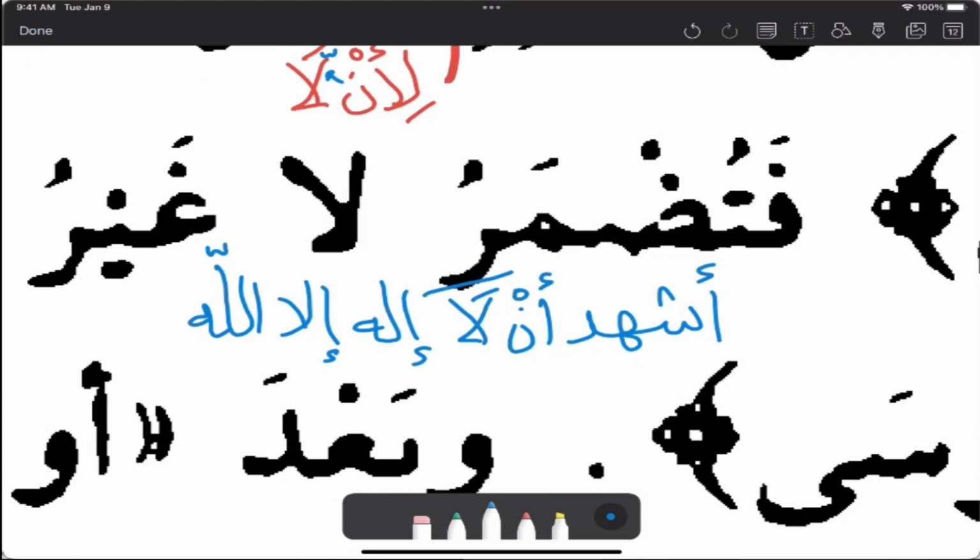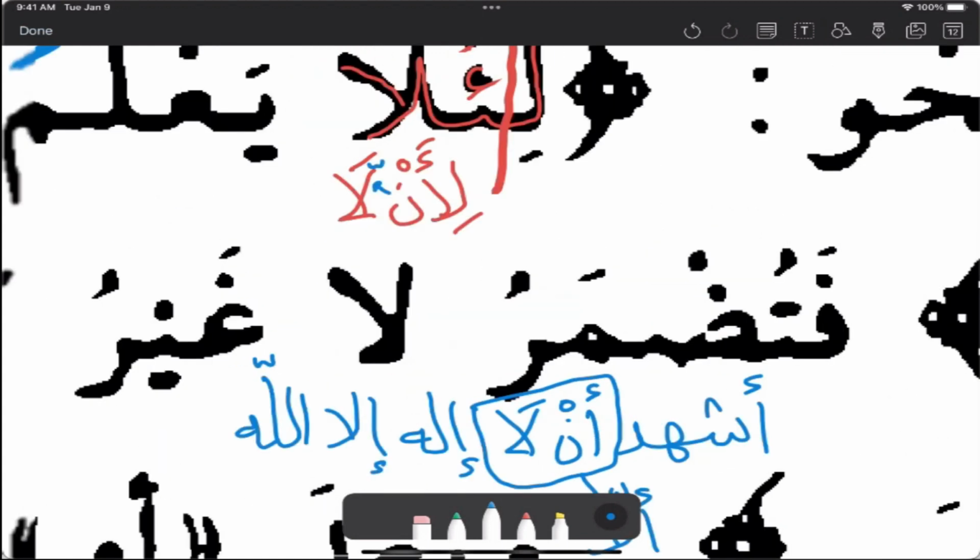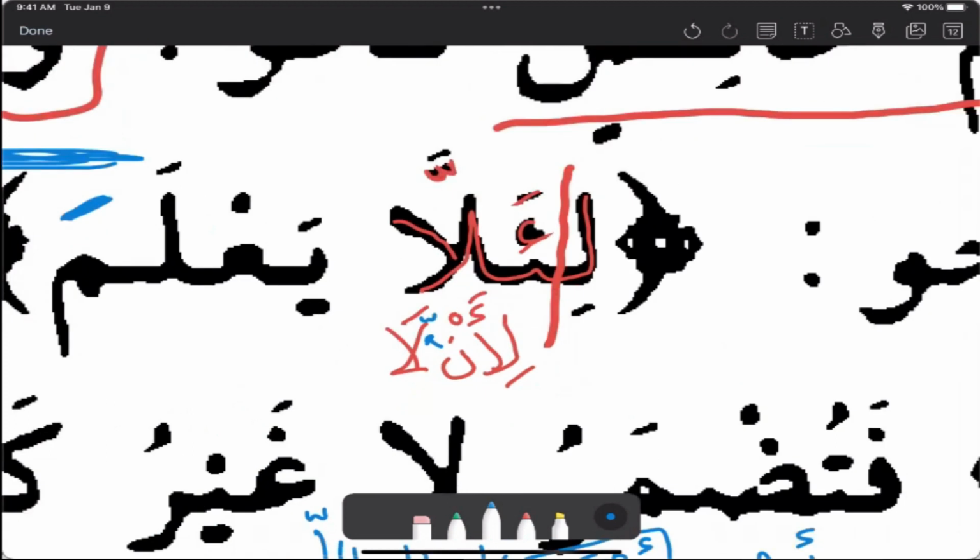And you can even, if you want, write these like this, alla, just write it as alla with shadda on the lam. That's valid. That's what happened in the ayah. It got written together, like ashhadu alla ilaha illallah here. Li alla, the origin is li an la.